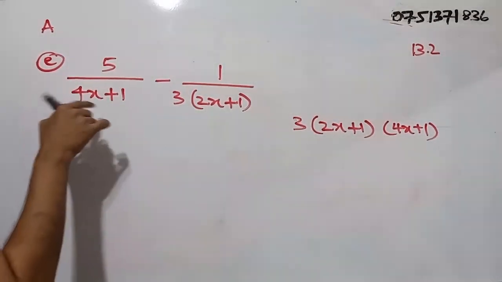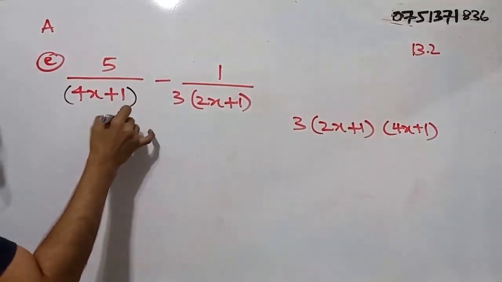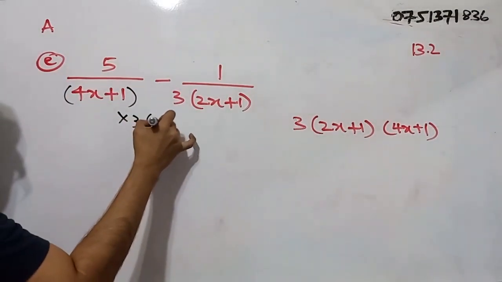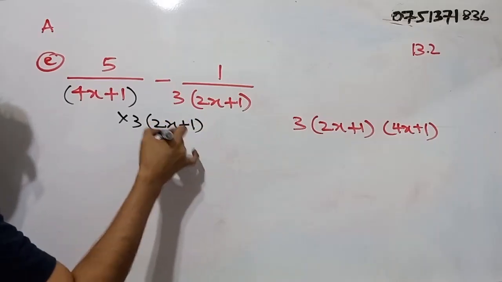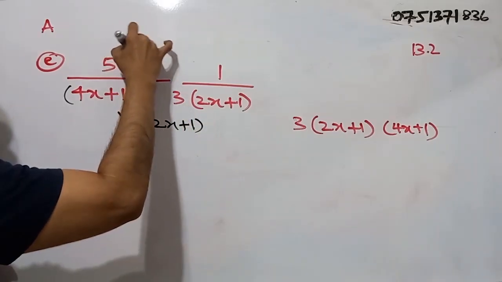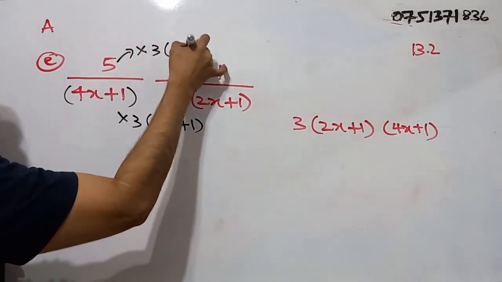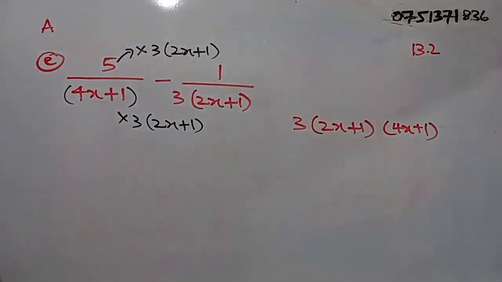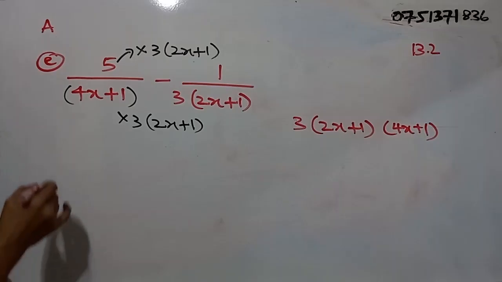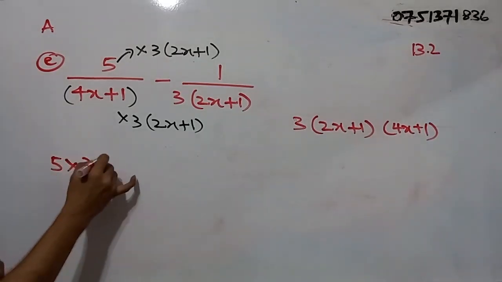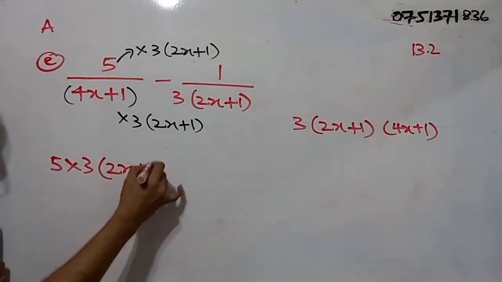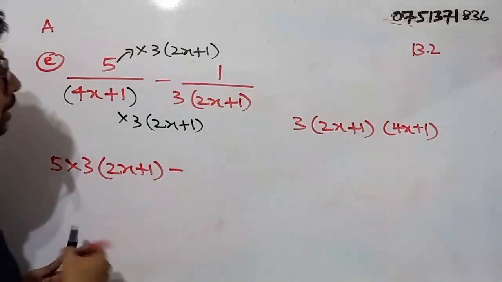So we need to multiply the first fraction by what? We need to multiply this by 3 into 2x plus 1. That means we need to multiply the numerator also by 3 into 2x plus 1. Okay. So we will have to be careful in writing that. So 5 into 3 into 2x plus 1, then minus.